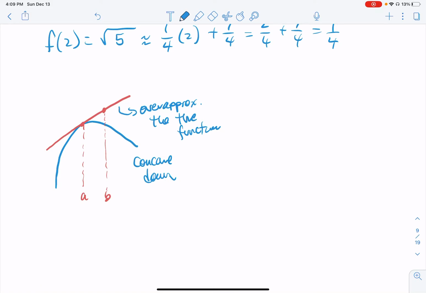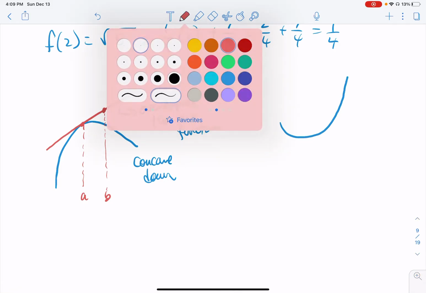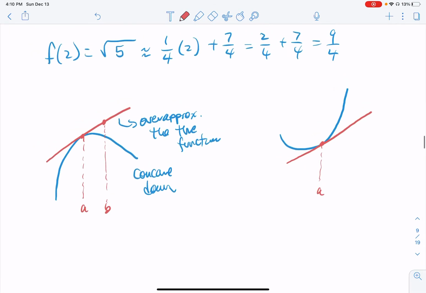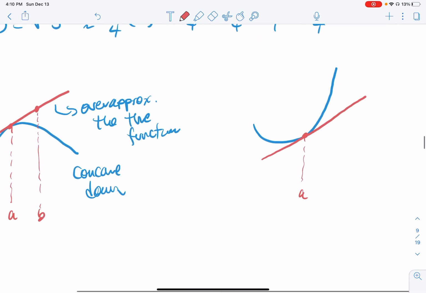Okay, so let me draw this in the opposite way. Let's say that we have our function which is concave up, and then we draw in our point of tangency and our tangent line. And then again, here is our point A, where we found our point of tangency. And then here is our point B that we're trying to approximate the function at.